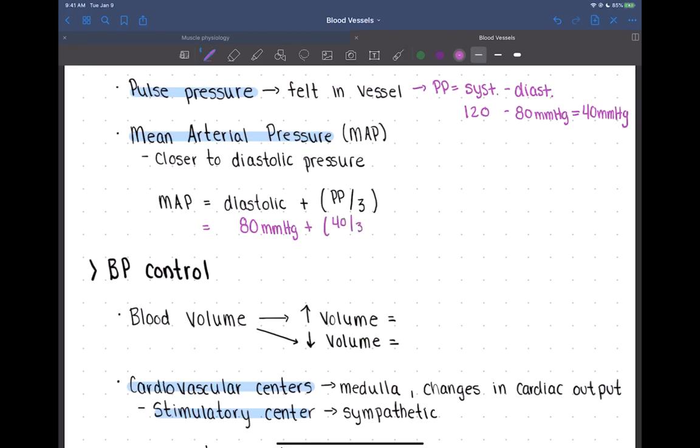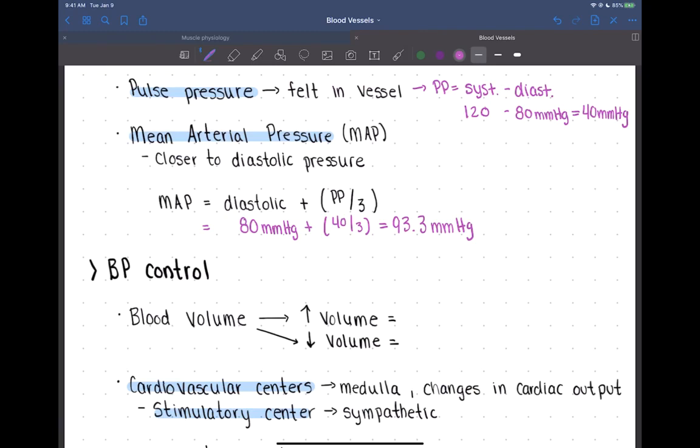Divide that by 3. And then we end up with 93.3 millimeters of mercury. And you can see that 93 is much closer to the 80, that diastolic number, than it is to the 120 number, the systolic number.